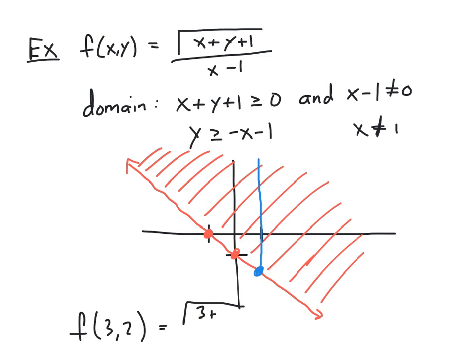So this will be 3 plus 2 plus 1 all over 3 minus 1, and this would be the square root of 6 divided by 2. Right? And any other function evaluation is just as easy. We just substitute the first number in for x, the second in for y, and simplify to whatever degree we need to.